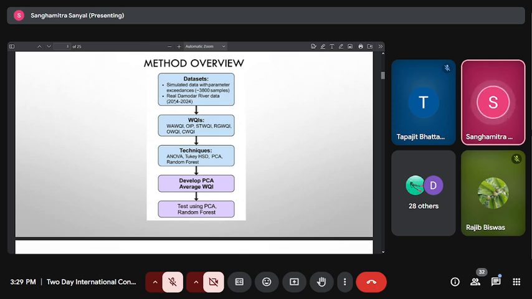Now I have two sets of data. One is a simulated data set.